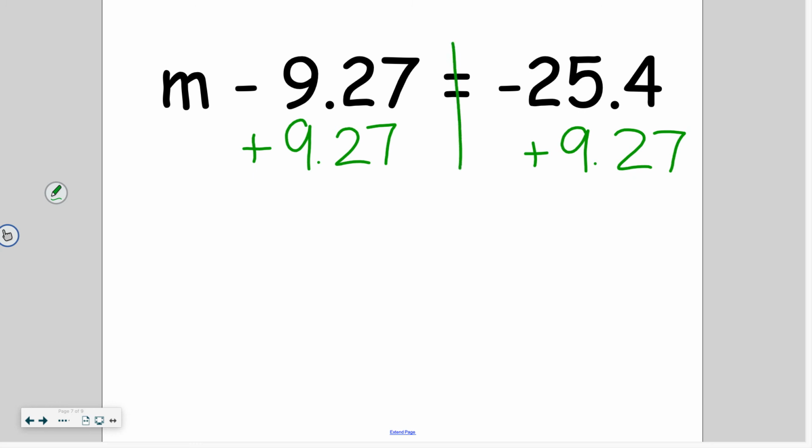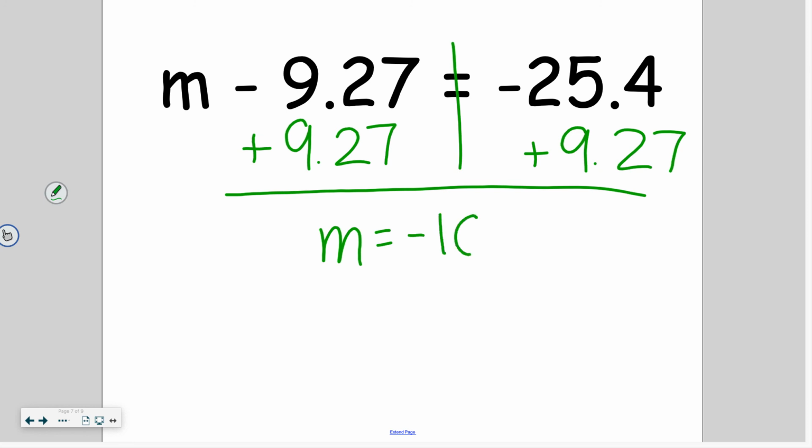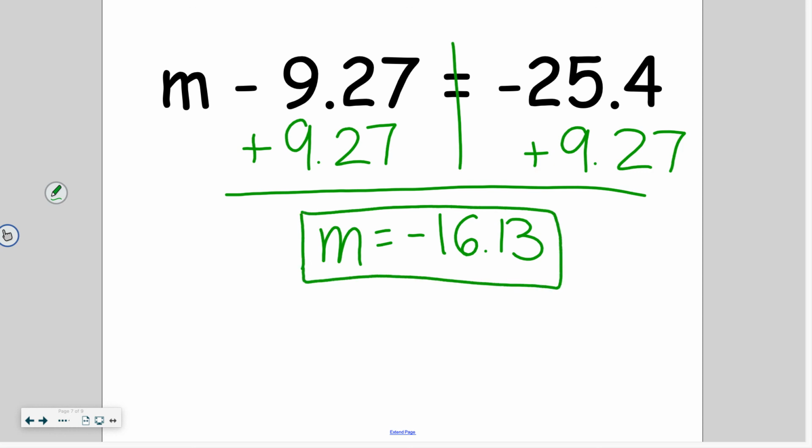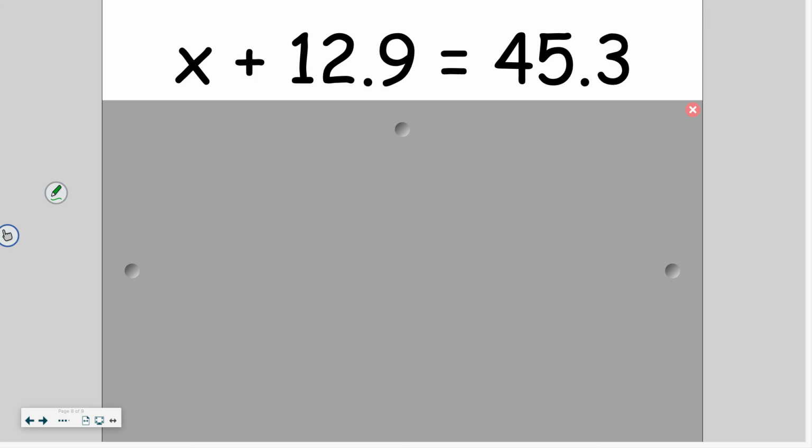Again, it's got to be done on both sides of the equal sign. And when I do that addition, it is going to give me an answer of negative 16.13. Again, you could double check by plugging it back in. Negative 16.13 minus 9.27 is going to give me negative 25.4. Go ahead and try this one on your own.